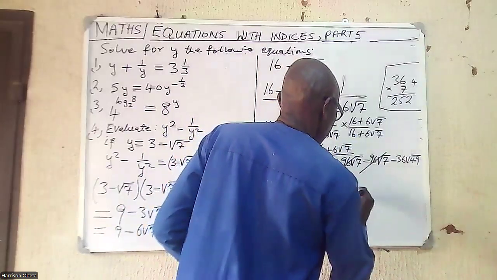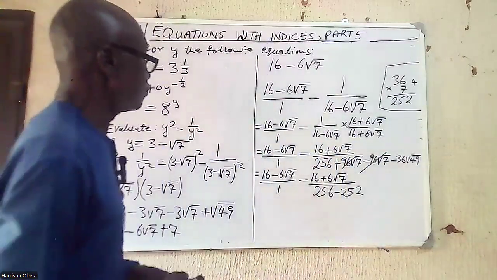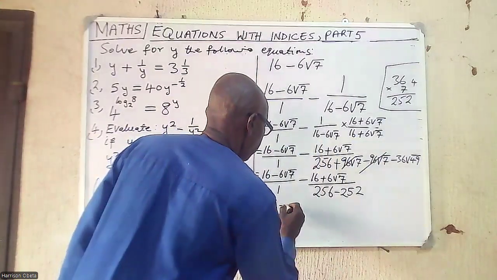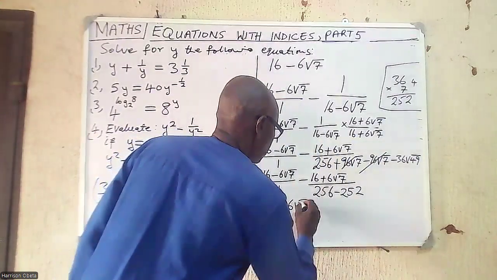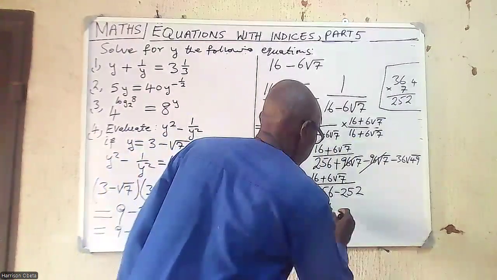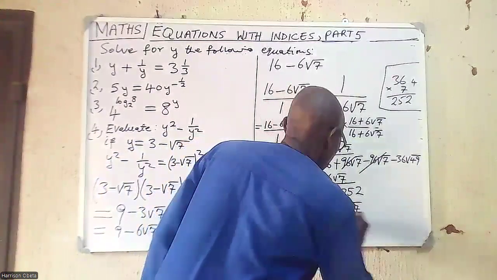Minus 252, and 256 minus 252 should give us 4. So that will give us 16 minus 6 root 7 all over 1 minus (16 plus 6 root 7) all over 4.